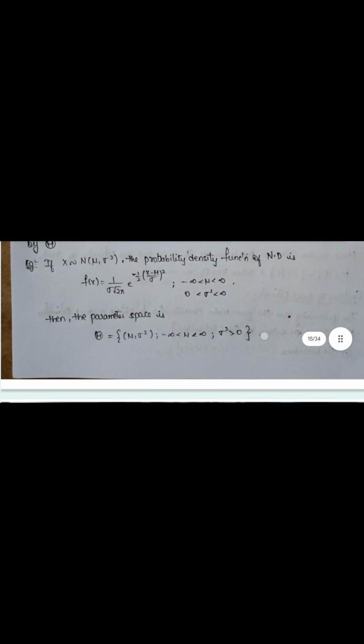Next, we can see the bias of an estimate. Just now I explained what T is. T is the parameter estimated value. The estimator we are going to use is our Tn.